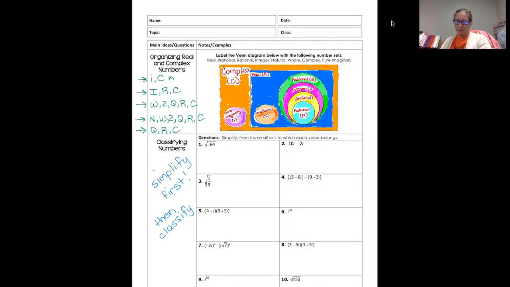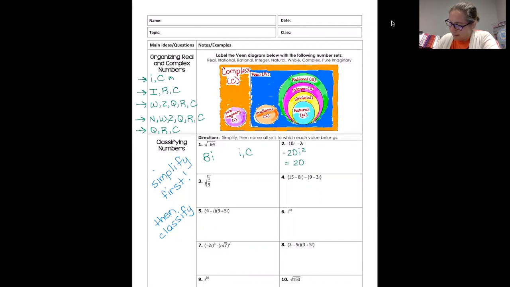So what we're going to do here in problems 1 through 10 is we are going to simplify and then classify. So number 1 is going to be 8i, square root of negative 64 is 8i. It is imaginary because there is a negative under the radical. So it is a pure imaginary number and a complex number. 10i times negative 2i is negative 20i squared, which is positive 20.